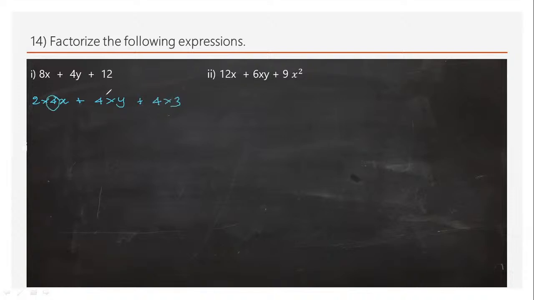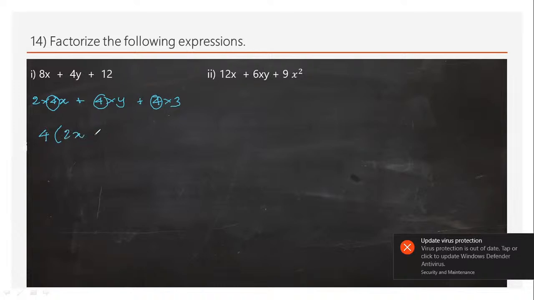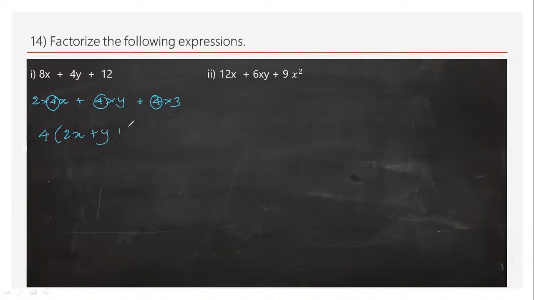So you can take 4 out. Don't do like this straightly. You can take the 4 out. Then 8x divided by 4, that is 2x. Right? 4y divided by 4, that is y. 12 divided by 4, that is 3. This is the answer, 2x plus y plus 3.